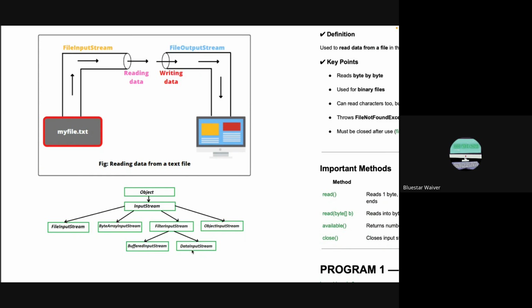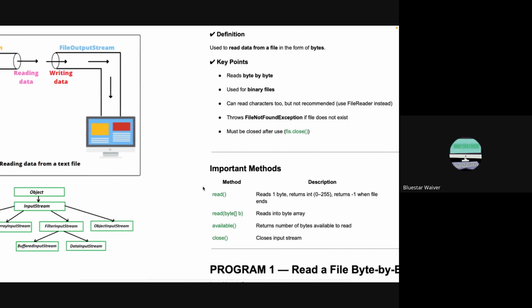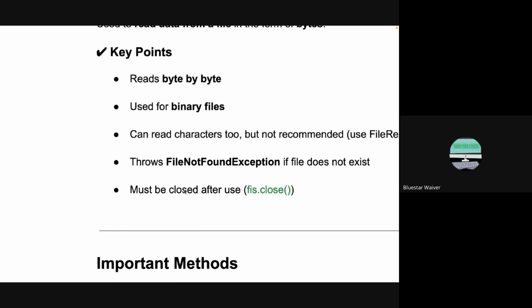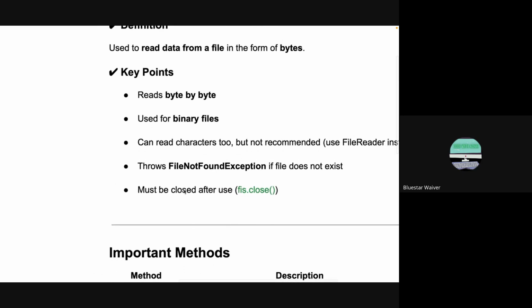Buffer input stream, data input stream, etc. Don't worry about this diagram. You can take a pic or any. I'll share this PDF file. Don't worry about that. But the point you have to understand is this. Okay, write this one, the key points and the important methods.